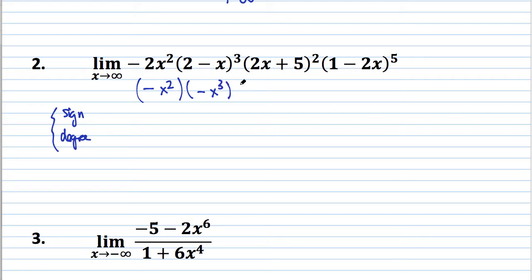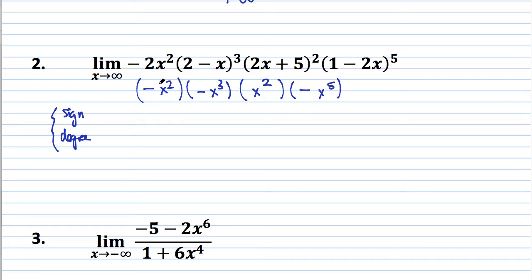Then we have 2x squared, so this is all that we care about, positive x squared. And for this term, we have negative 2 times x to the fifth, so negative x to the fifth.